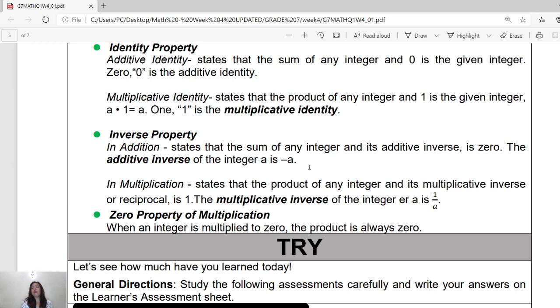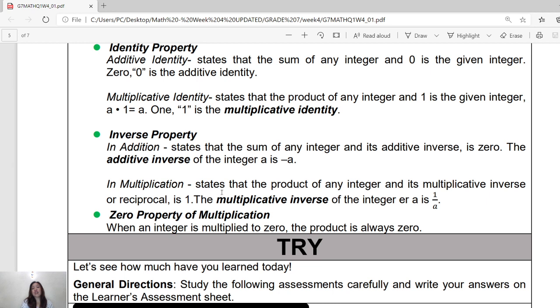Additive inverse of negative 9 is 9. So it's always the opposite of the given number or integer. Negative A is called the additive inverse of A. When you add the two, A and its additive inverse, the sum is always 0.